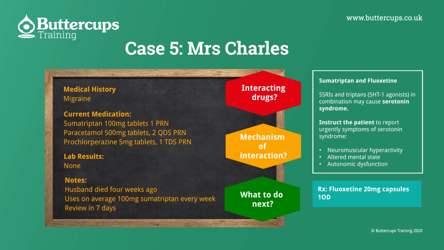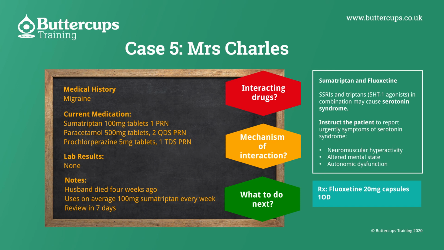As a pharmacist, it would be advisable to make Mrs. Charles aware of the symptoms of serotonin syndrome, however, and tell her to seek medical attention immediately if she suddenly experiences any of these. Symptoms of serotonin syndrome can be classified as neuromuscular hyperactivity, such as tremor, muscle rigidity, or unusual jerky movements.